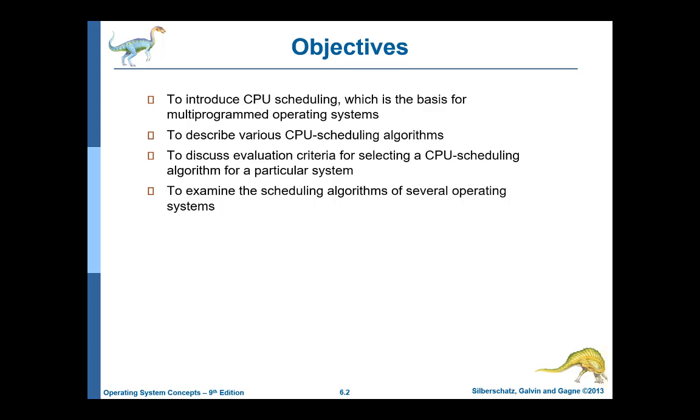Although we assume there is, let's say, one CPU, it can execute only one instruction at a time, so only one program at a time. But because of context switching, very quickly it seems as if many programs are run at the same time.